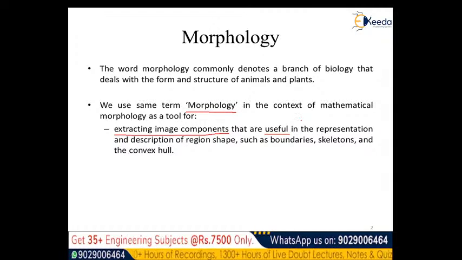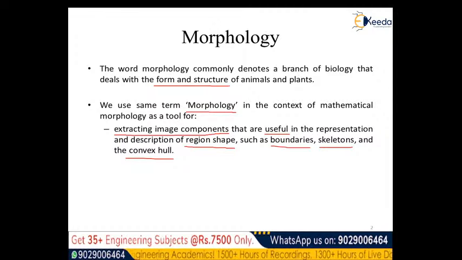This is of course in the representation and description of region shape. As we have our image, the image will cover various objects and the boundaries associated with those objects that separate the object from the background. The boundaries, the skeletons and the convex hull are all parts associated with the form and structure of the object inside the image.